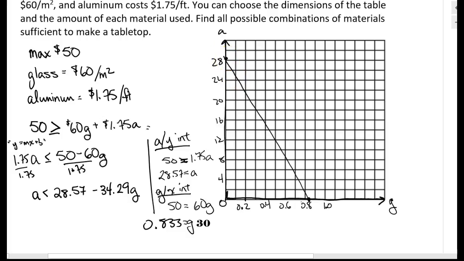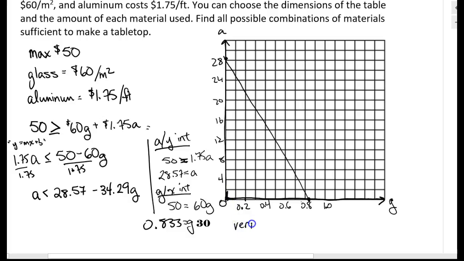Now, I can do a solid line here, so that's kind of nice, because I can spend $50. That is my maximum, but I can spend it. So it's inclusive, equal to. Now the question is, can I spend more than that value or less than that value? So again, we can test some points. I like to use the origin wherever possible.